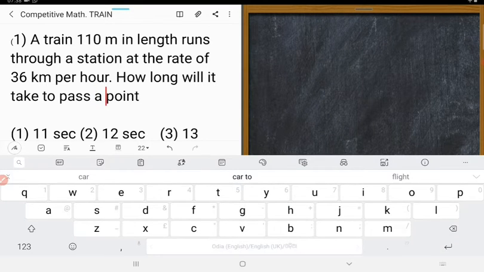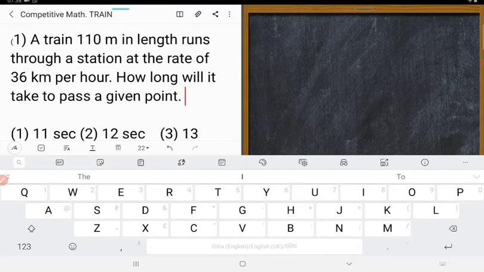Yeah, a given point. To pass a given point means to pass its length. So what is the length of the train?